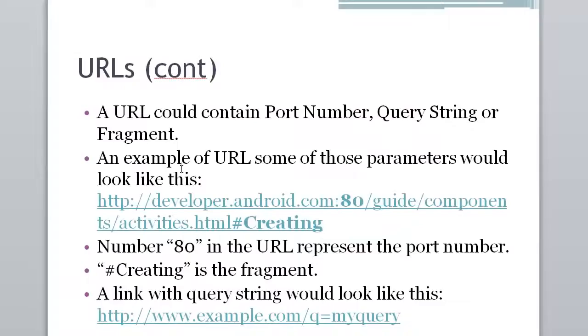Now a URL could in fact contain a port number, a query string, or just a simple fragment. So if you look over here at this example of a URL, basically your web browser hides from you, let's say, the 80 part.